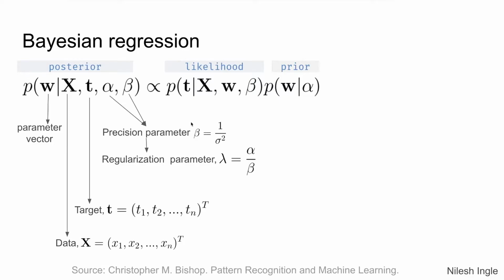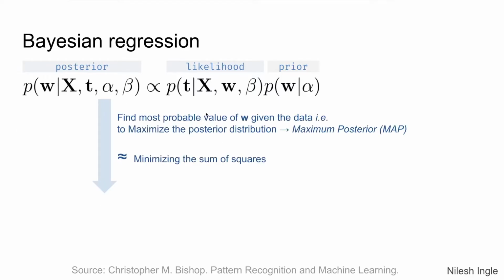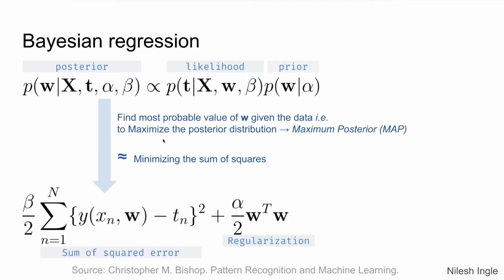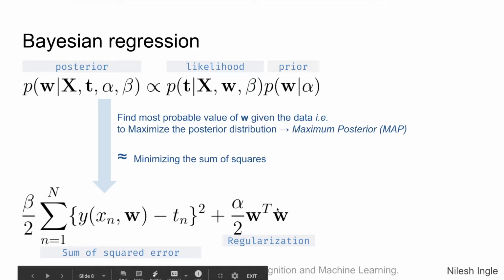Now the objective here is to maximize the posterior distribution by finding the most probable value for w. And when we solve this problem, when we reach the final output, this is the equation we get.